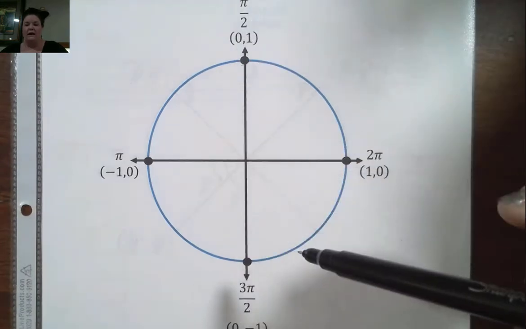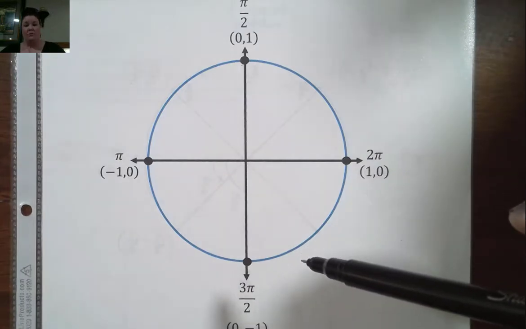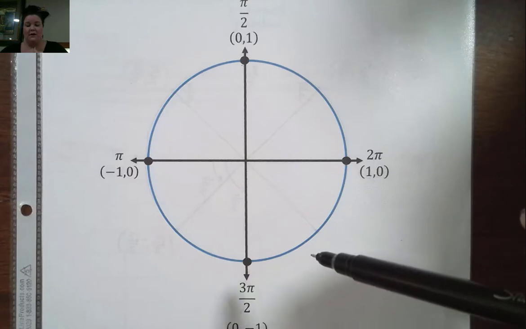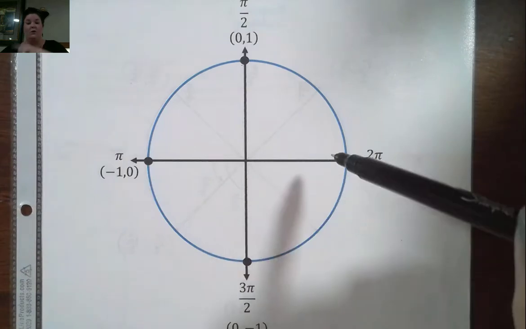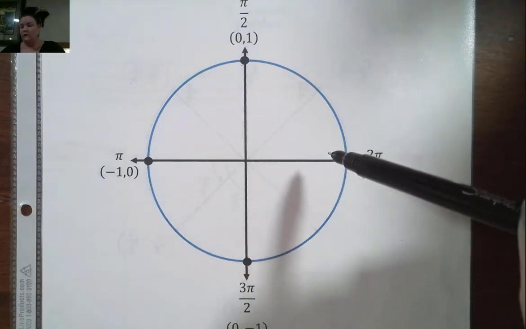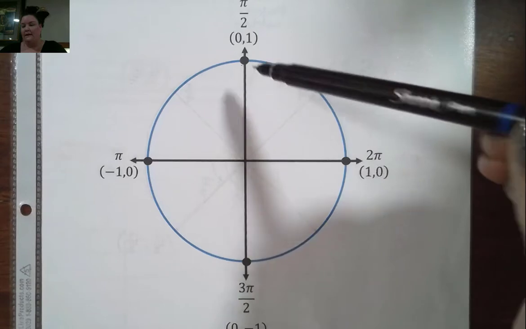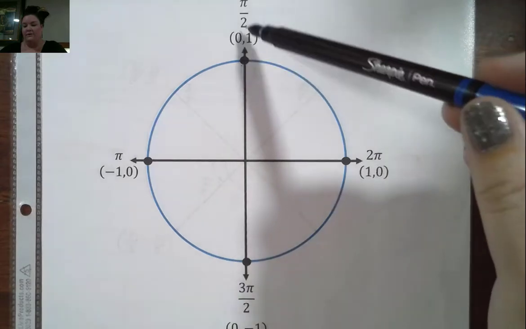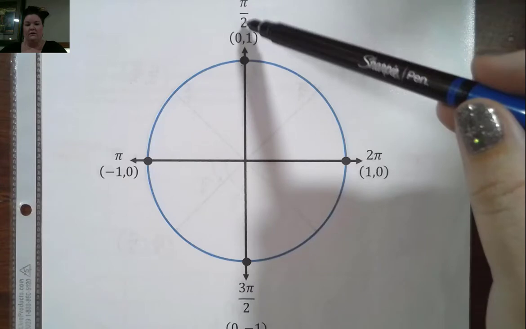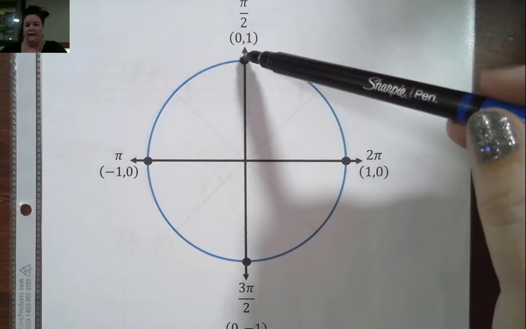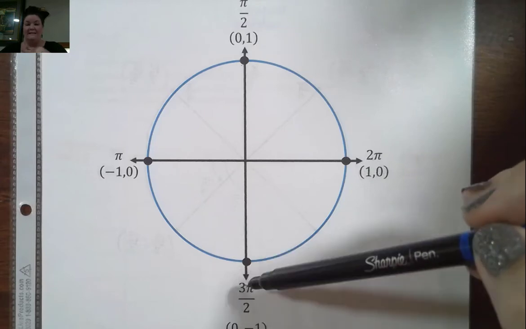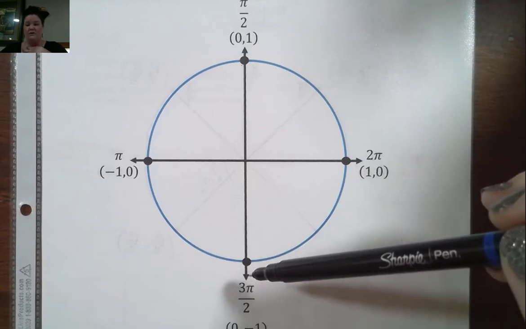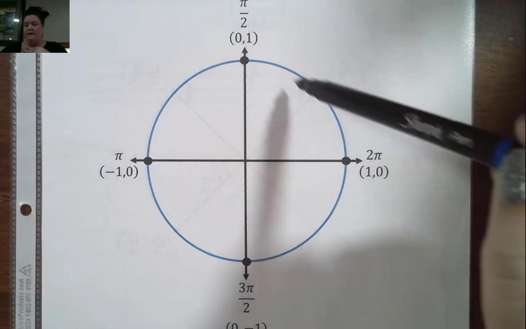So I still need 5 good values to use to come up with my tangent curve, but I just can't use the same 5 that we've been using to go all the way around the circle. So what I'm going to think about is, if I end up with an asymptote at pi over 2, and I know I have an issue down here at 3 pi over 2, then my tangent cycle, or my tangent curve, is only going to be a half rotation, right?